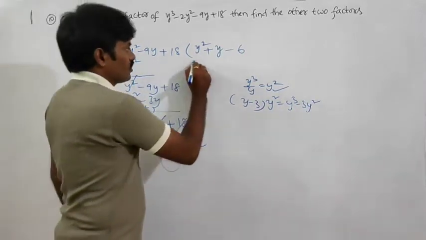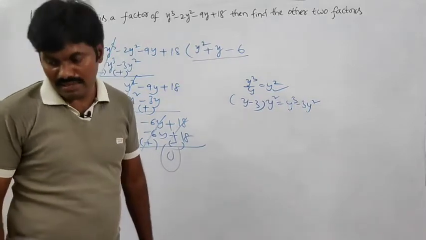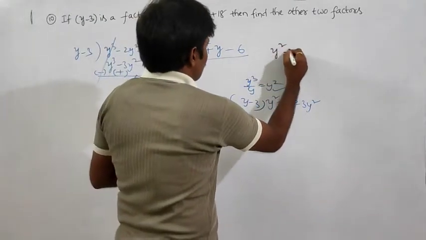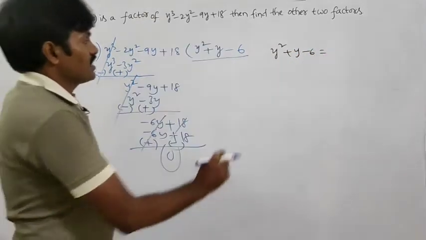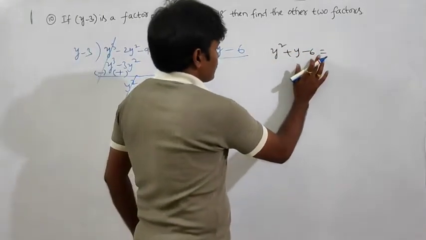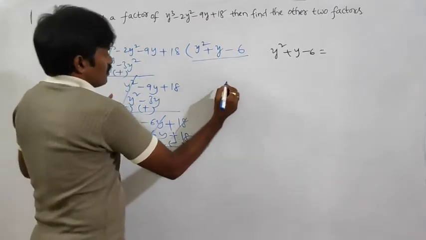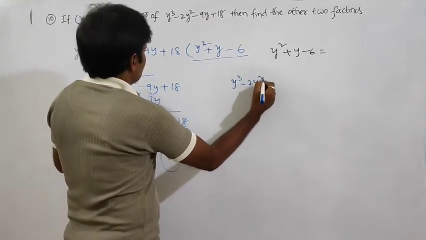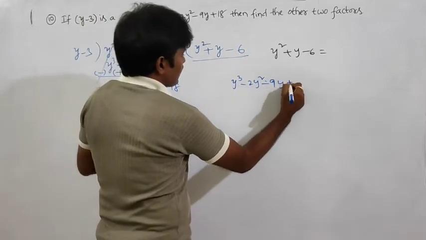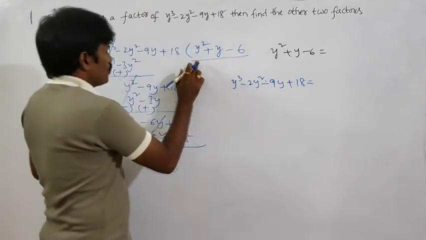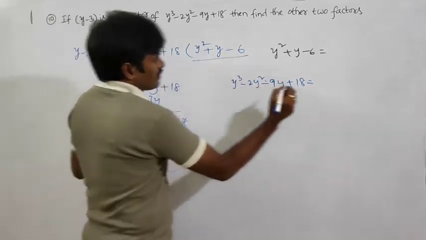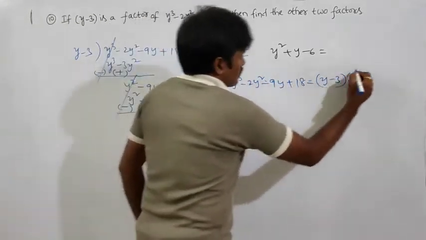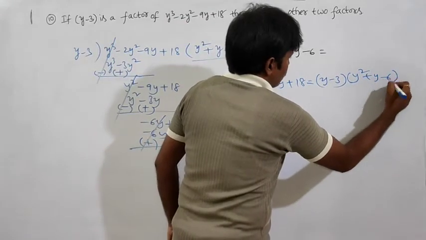So here, what is the quotient? y square plus y minus 6 is the quotient. Now the dividend y cube minus 2y square minus 9y plus 18 is equal to divisor into quotient plus remainder: y minus 3 into y square plus y minus 6 plus the remainder.